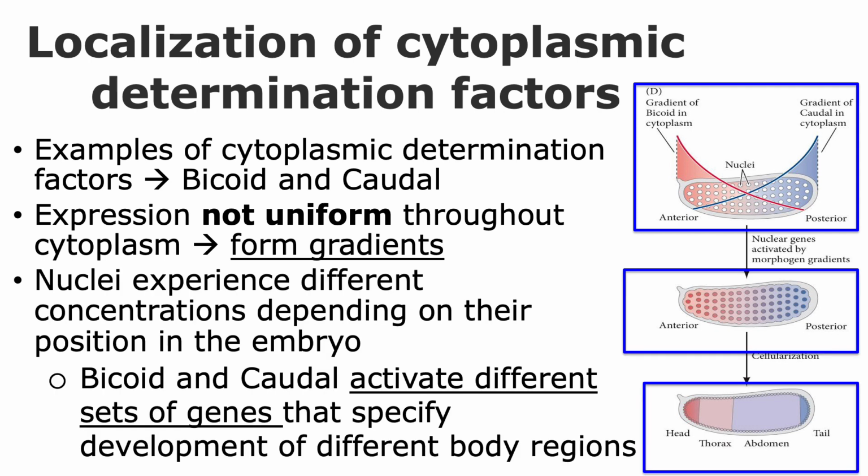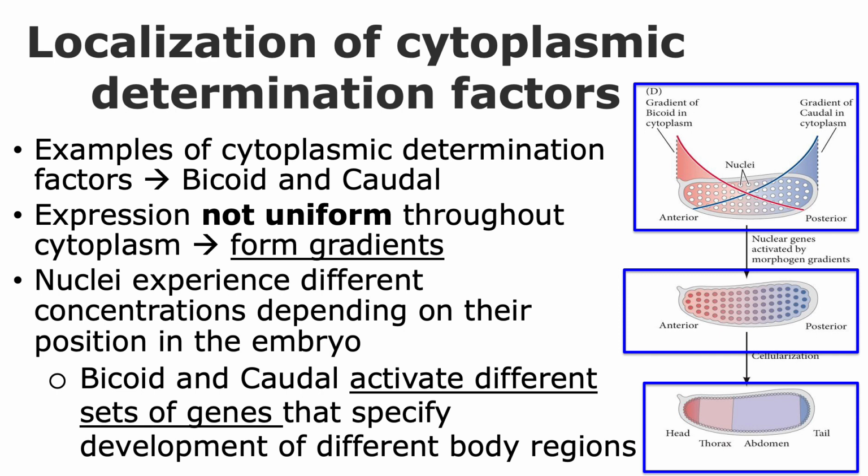The nuclei that are present in the syncytium will experience unique concentrations of bicoid and caudal depending on their position in the embryo. Now, bicoid and caudal activate different sets of genes that specify development of different body regions, as shown in the figure at the bottom.